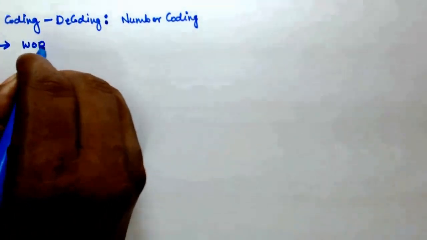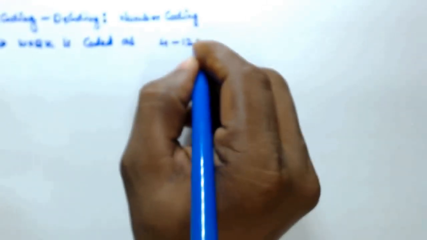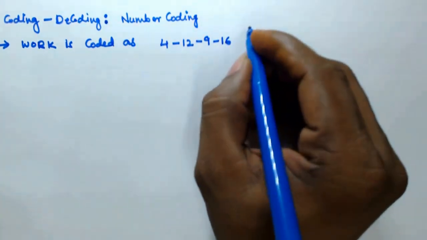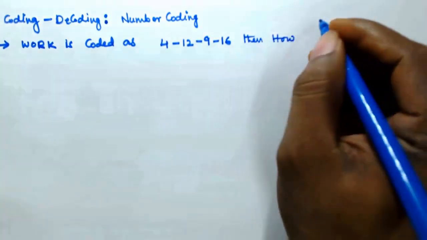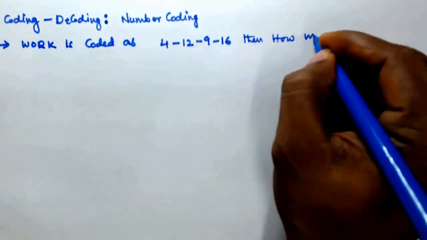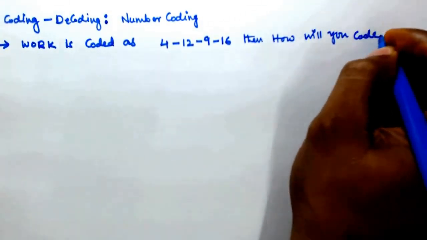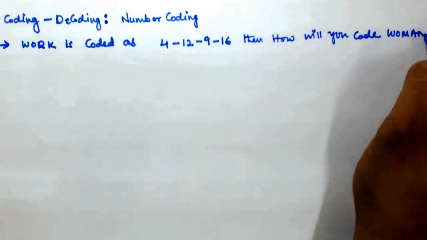Let us consider one example. For example, WORK is coded as 4, 12, 9 and 16. Then how will you code WOMAN?